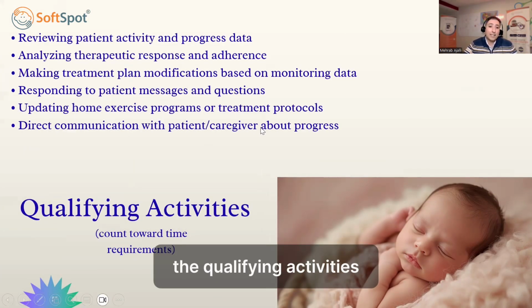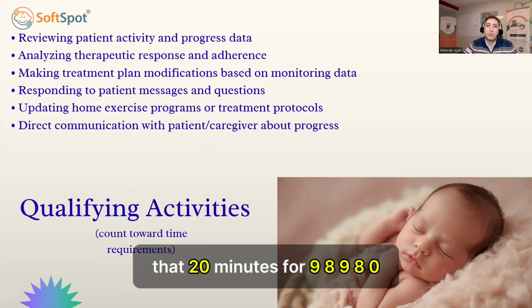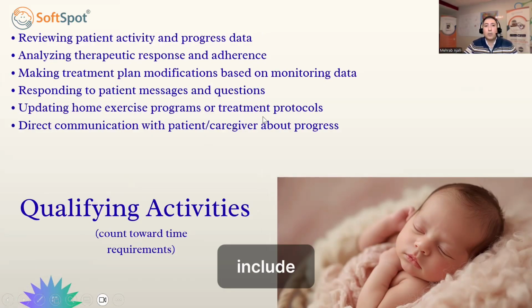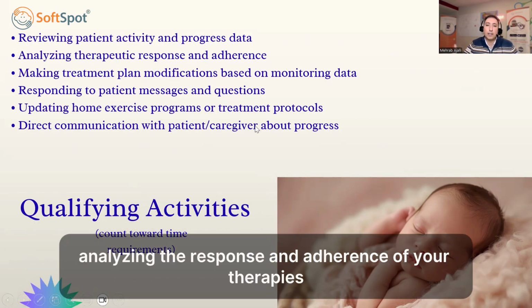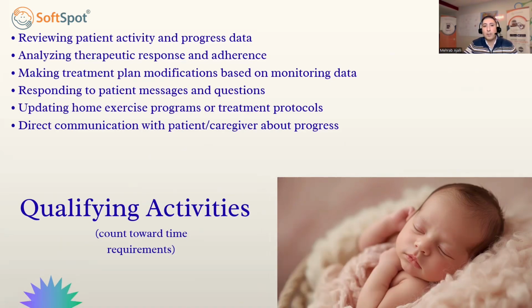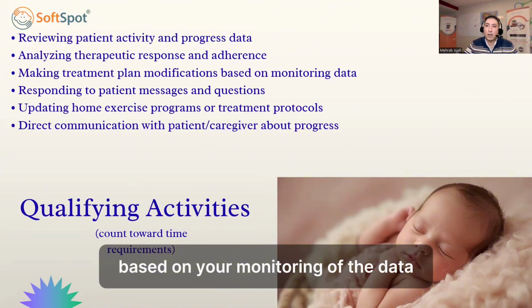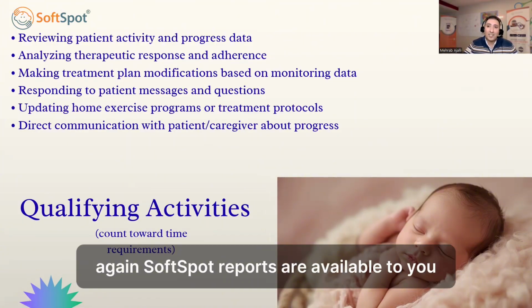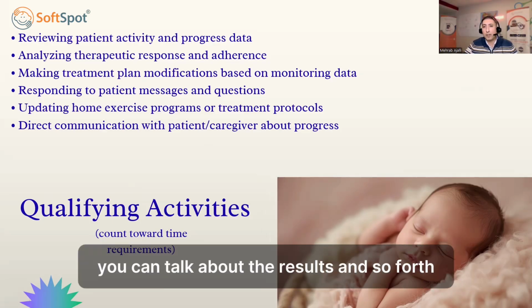The qualifying activities, and again, these count toward the time requirements, that 20 minutes for 98980, include reviewing the patient's activity and the progress data, analyzing the response and adherence of your therapies, making treatment plan modifications based on your monitoring of the data. Again, SoftSpot reports are available to you, so you can go over the reports, you can talk about the results, and so forth.